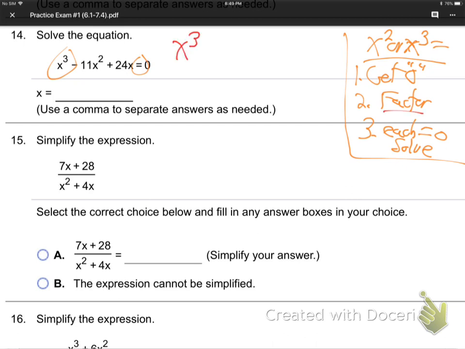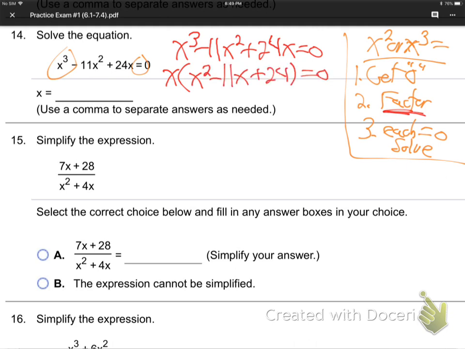So I'm going to take this x cubed minus 11x squared plus 24x equals 0. I'm going to factor it. So take out an x. GCF, right? First GCF, first step in factoring always. Next step, got 3 terms here. It's going to be a diamond.